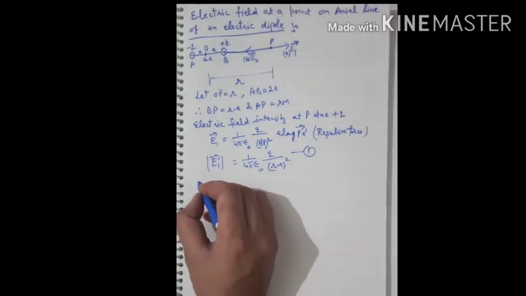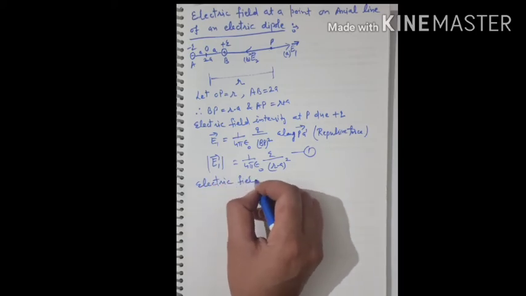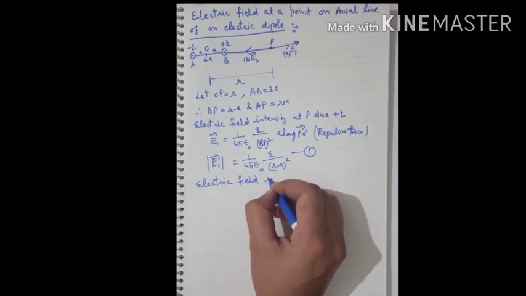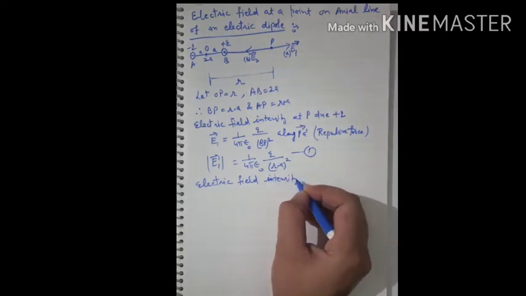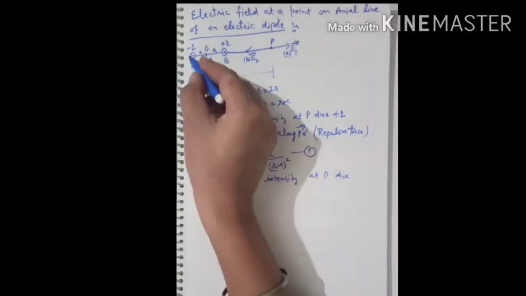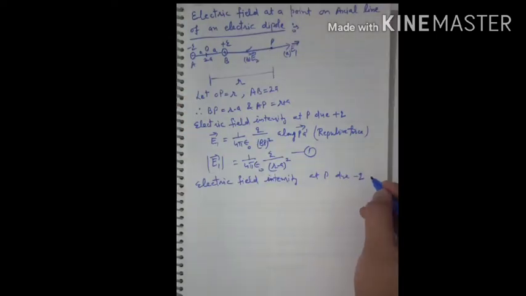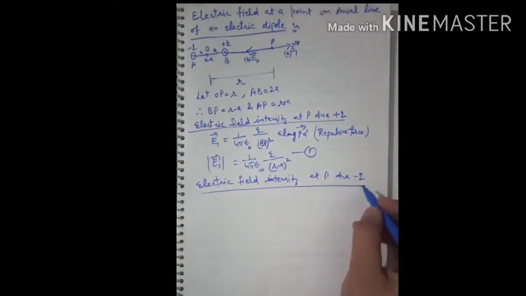Similarly, electric field intensity at P due to this negative charge, minus Q charge. This is 1, this one is 2.